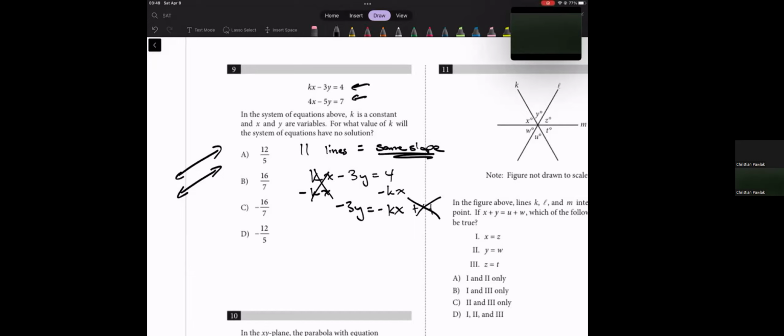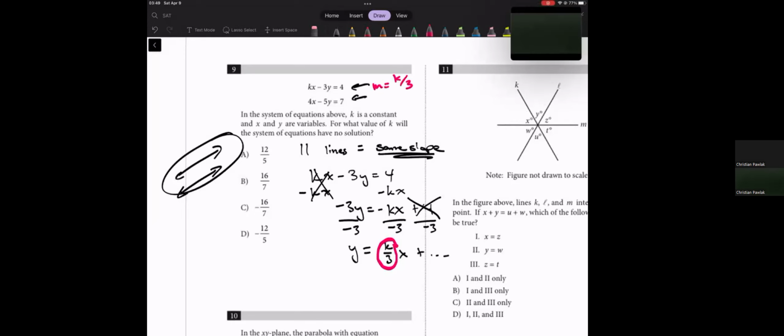Again, I don't care about that 4 because I only care about what's in front of x, because I need parallel lines to have the same slope. So then I'm going to divide by -3. I don't care about that part. So then y equals k over 3 x plus something. Who cares? This is the slope of the first line. M equals k over 3.